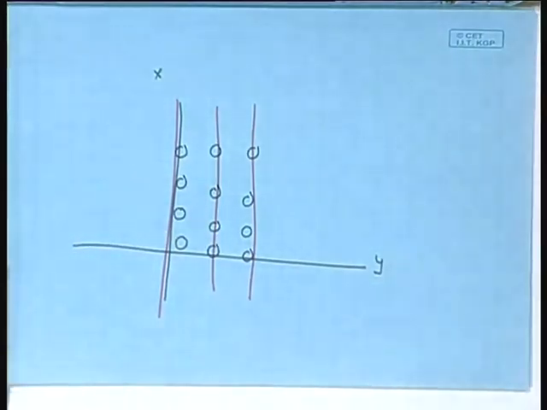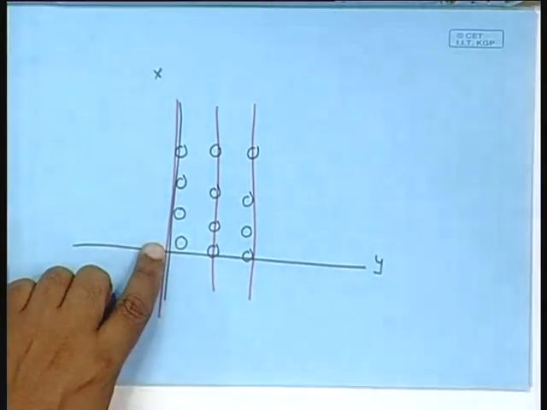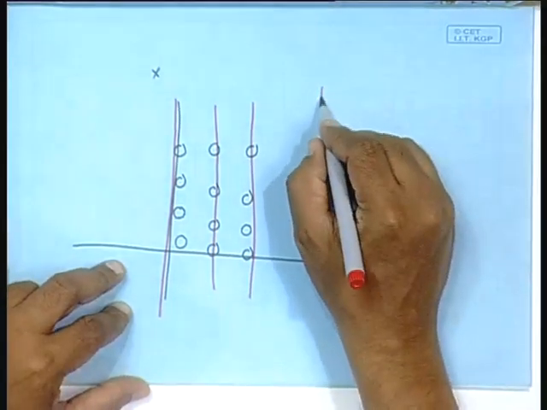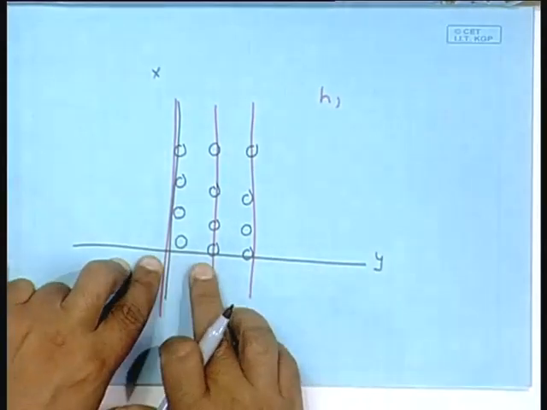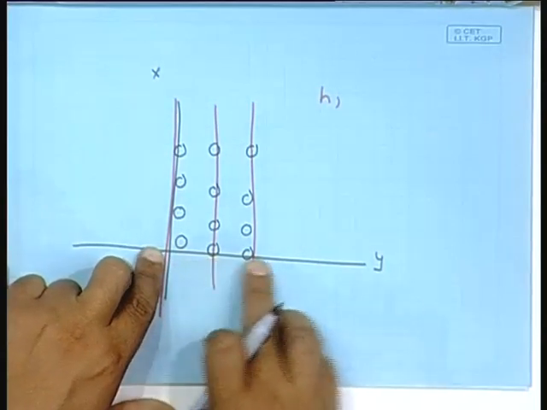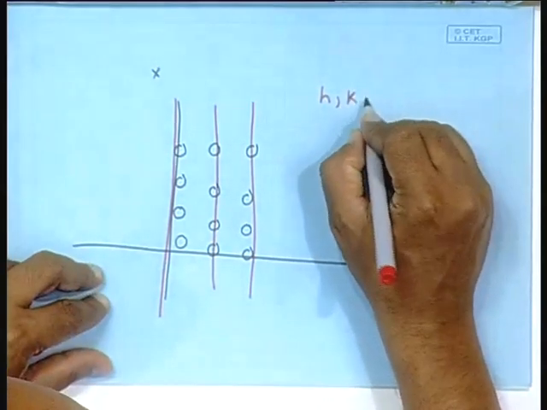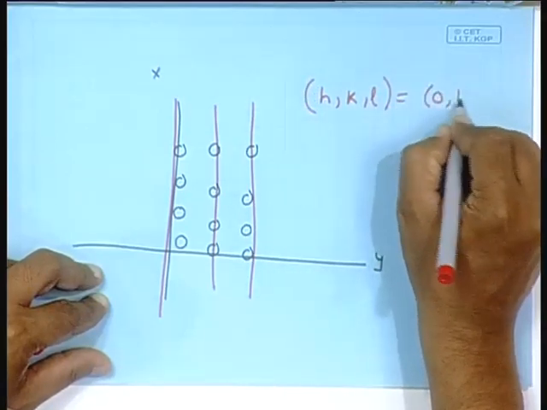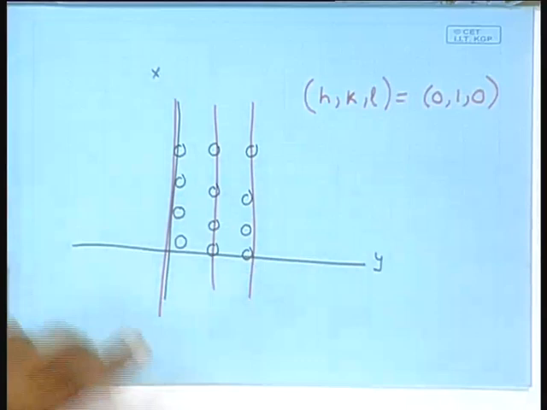These planes never intersect the x axis or the z axis, but they intersect the y axis, and the separation between these intersections is 1. So H, K, L have values 0, 1, 0 for these planes.